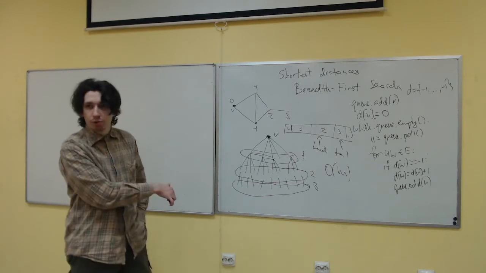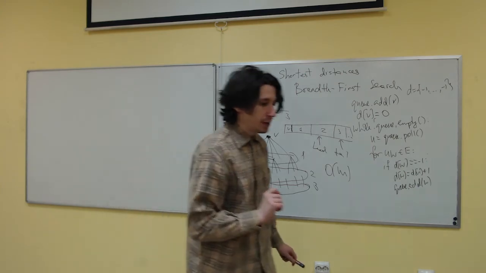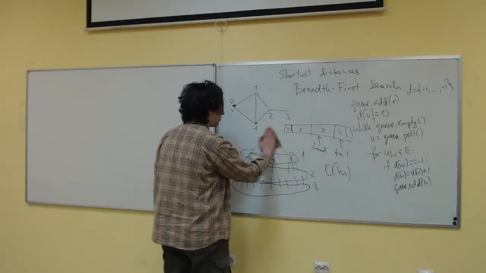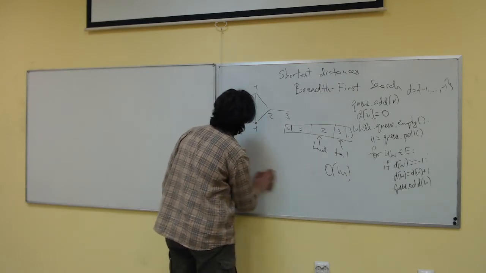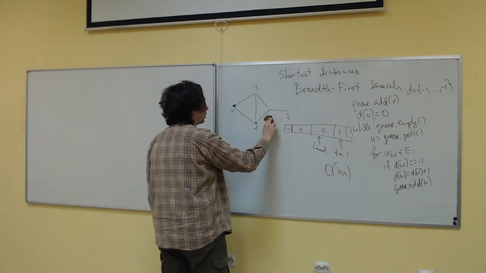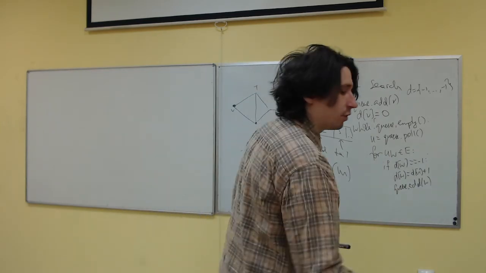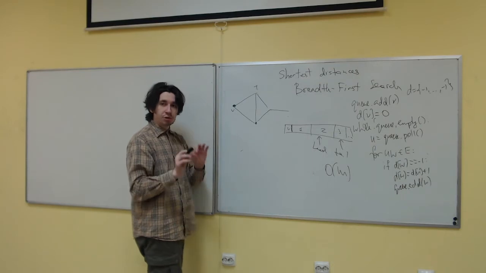Okay, so that's how to find the shortest distance in the graph. There is an interesting problem similar to BFS: suppose right now you have weights on edges, but only zeros and ones.